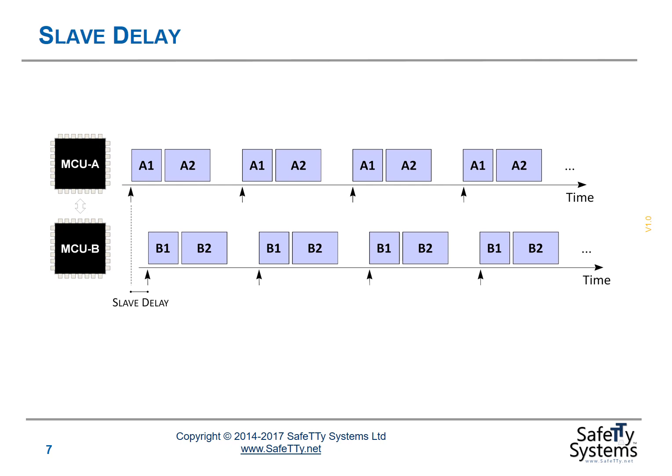There's a delay, the slave delay, between the start of the tick sequence on MCU B compared with the start of the tick sequence on MCU A. And this delay arises through the time taken to transmit the tick messages between MCU A and MCU B.